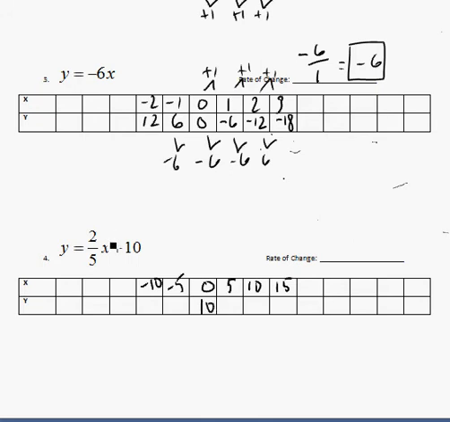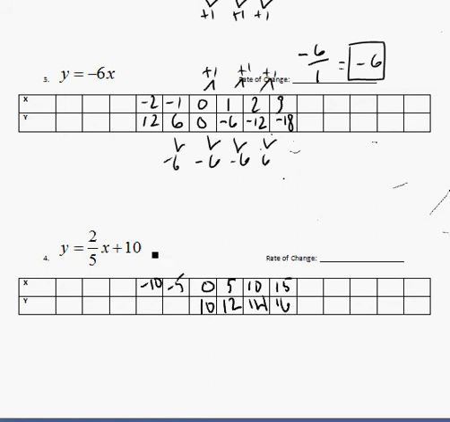When x is 5, 2/5 times 5 is 2, 2 plus 10 is 12. When x is 10, 2/5 times 10 would be 4, 4 plus 10 is 14. When x is 15, 2/5 times 15 would be 6, 6 plus 10 is 16.